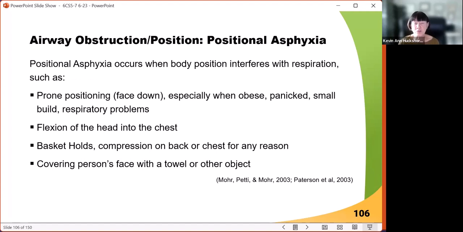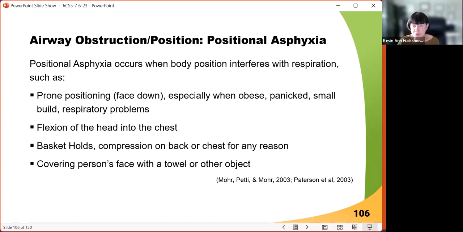This is one of the most dangerous situations to occur in restraint. It's called positional asphyxia, and it's when someone's body gets placed, or they place it, in a position that interferes with respiration, with the ability to take in air and exhale air. Prone positioning. Anytime we place someone face down, there's a whole bunch of muscles in the human body that make us breathe.